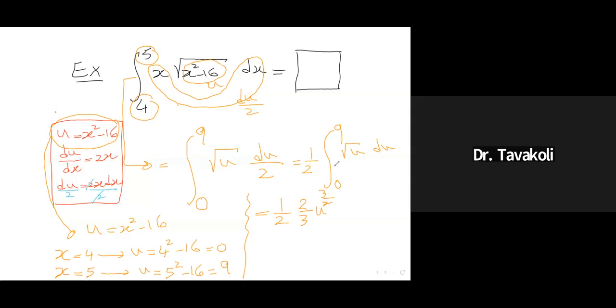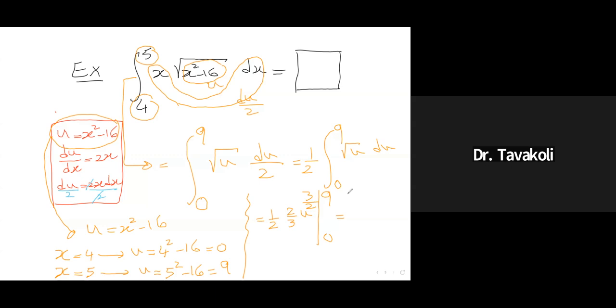And this should be evaluated at, let me rewrite that. So 1/2 is there. The antiderivative of radical u is 2/3 u to the power of 3/2. Just as a reminder, we rewrite radical u as u to the power of 1/2 and use the power rule. It should be evaluated at these numbers, and then we do the subtraction.